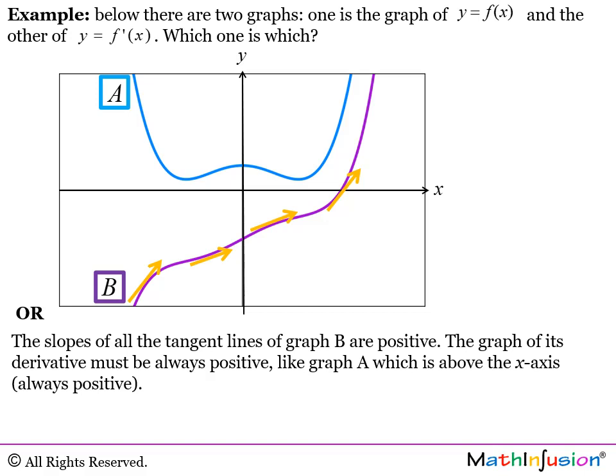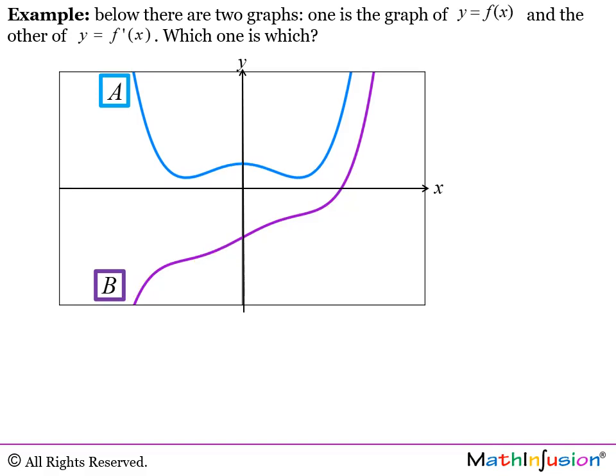It means that the graph of the derivative, which is graph A, must be always positive, which means that it is always above the x-axis. And this is exactly the situation that we have. And we can conclude again that B is the graph of the function and A is the graph of the derivative of the function. And here's another way.